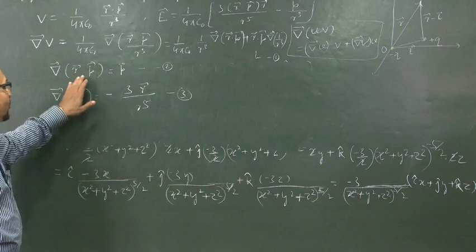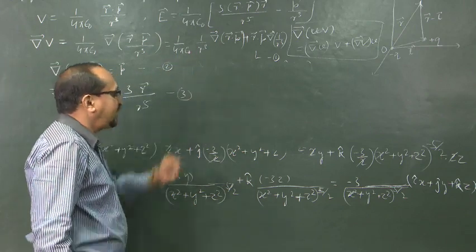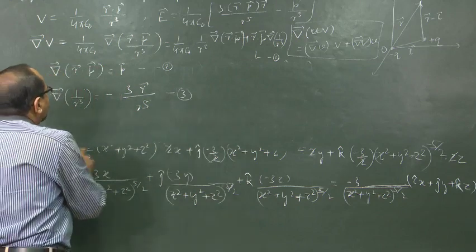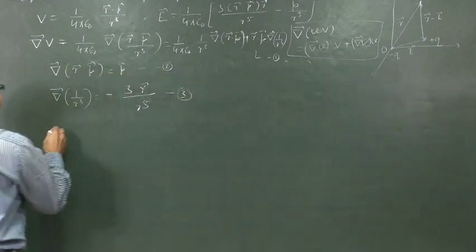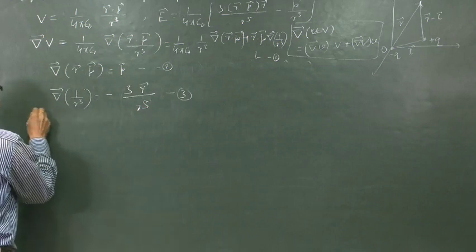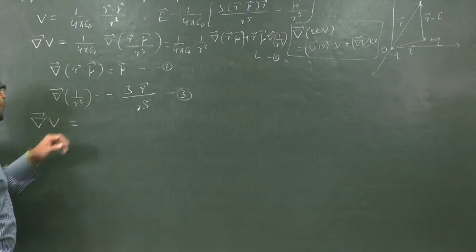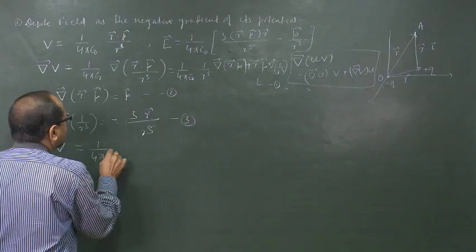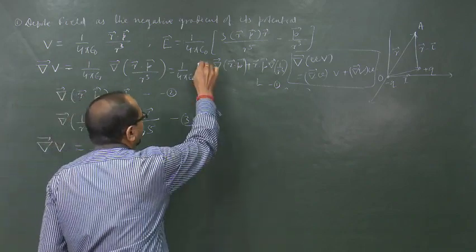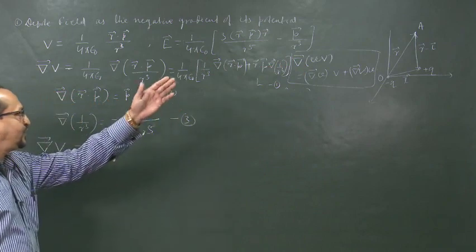Now, we will put equation 2 and equation 3 in equation 1. Okay. So, our grad V now becomes 1 by 4 pi epsilon naught. I should have put a bracket here, because 1 by 4 pi epsilon naught is multiplied to the two terms.